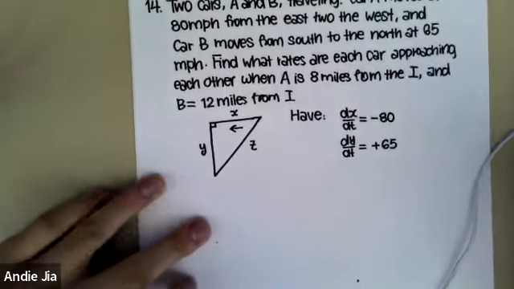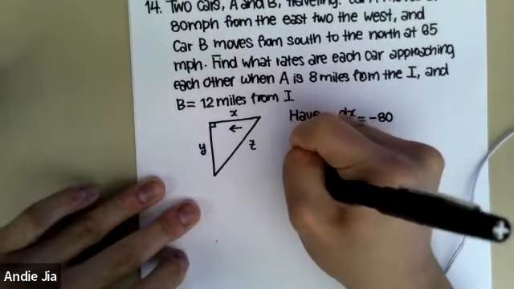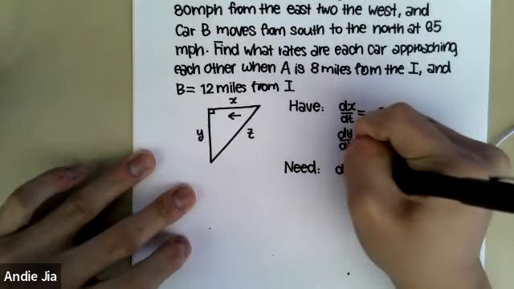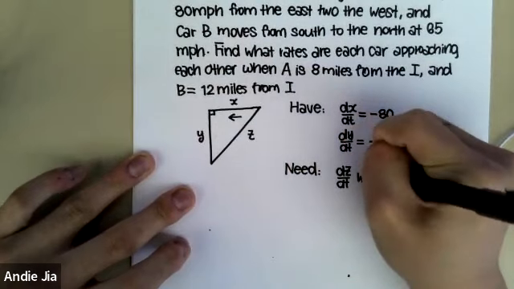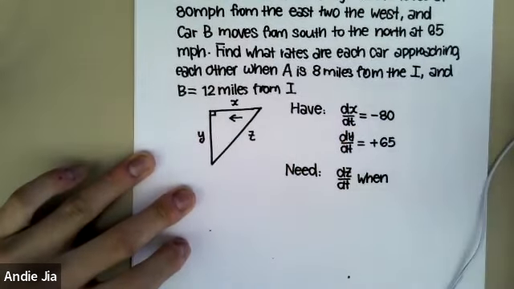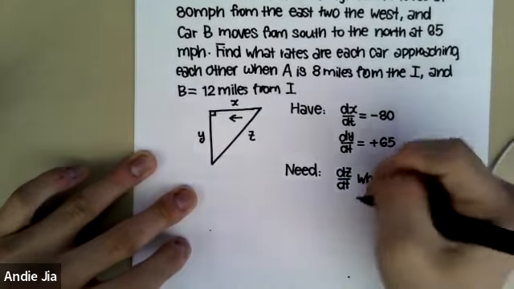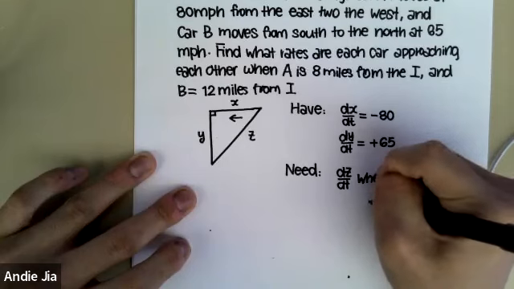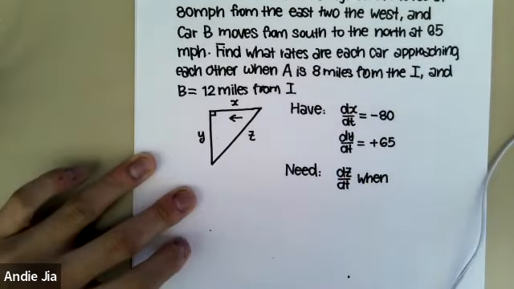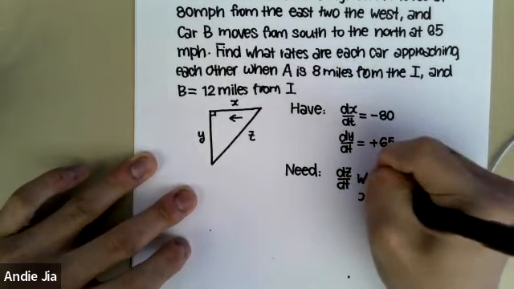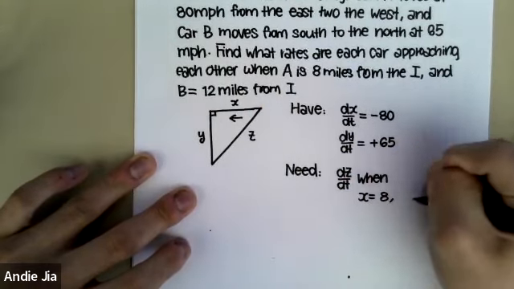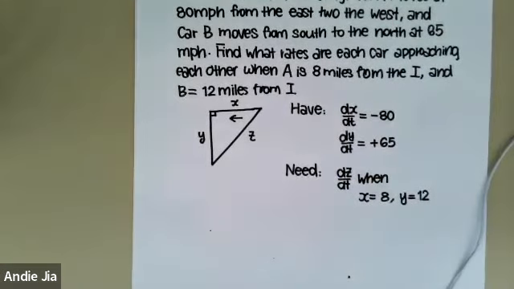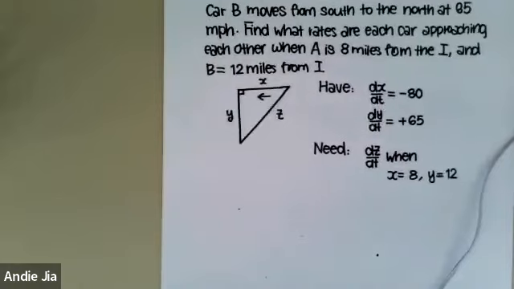And what we need is dz/dt when x is 8 and y equals 12.